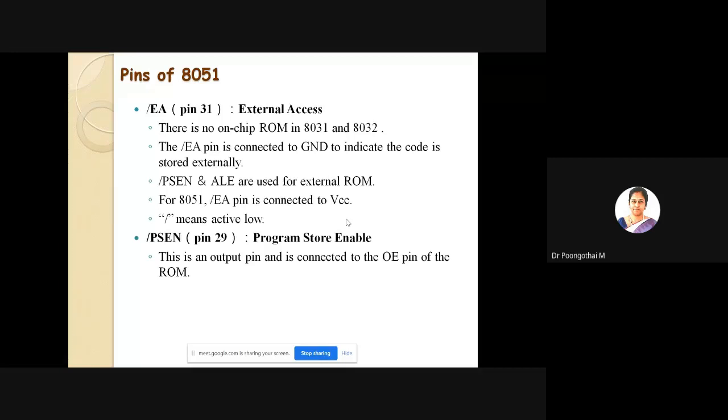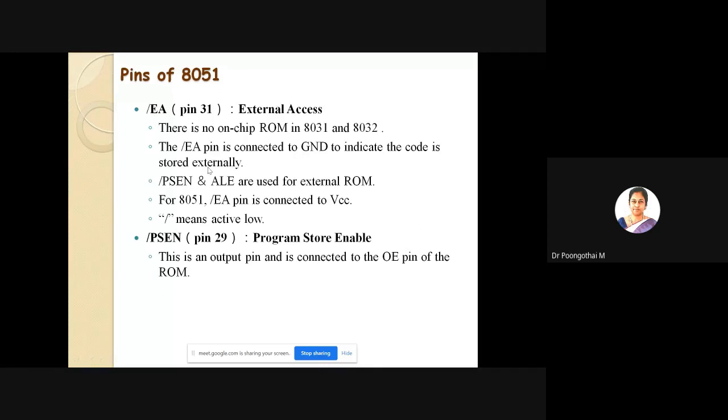Next, the remaining pins are related to memory operation, that is EA. EA is external access. In the case of the 8031 and 8032, these microcontrollers don't have on-chip ROM memory, and for that purpose this EA pin is incorporated in the 8051 microcontroller architecture. It is an active low pin. Active low means when the pin is connected to ground, this operation is activated, to indicate the code is stored externally.